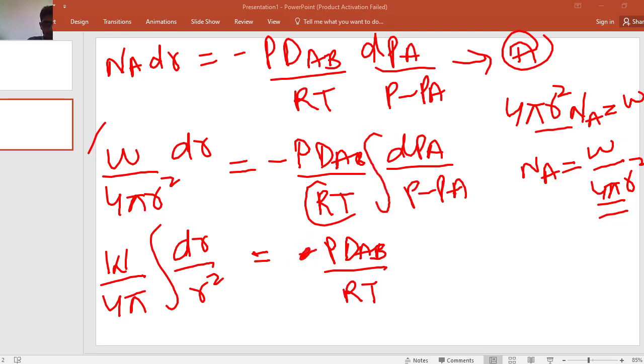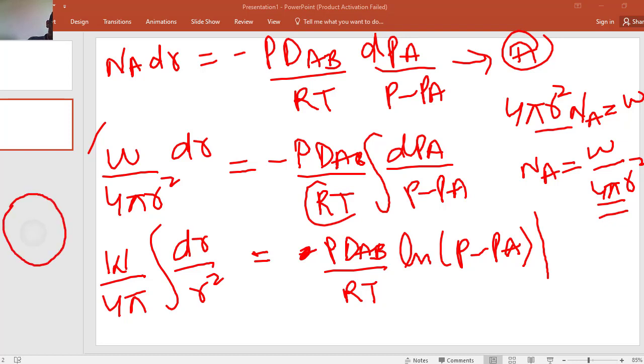Now integrating this side, we get ln (P minus PA). So W divided by 4 pi into the integral of dr divided by r square is equal to P DAB divided by RT, and applying the limits: when r is equal to rs, this is rs, and this is the surrounding air.